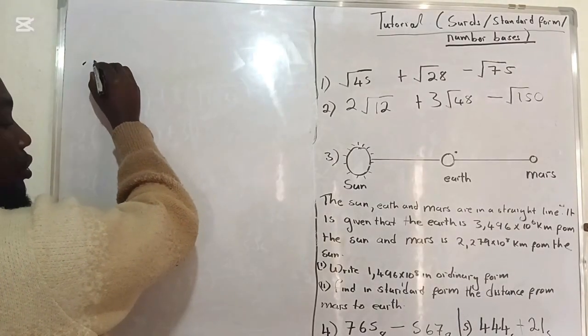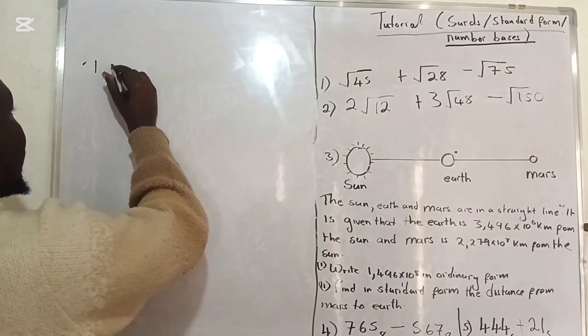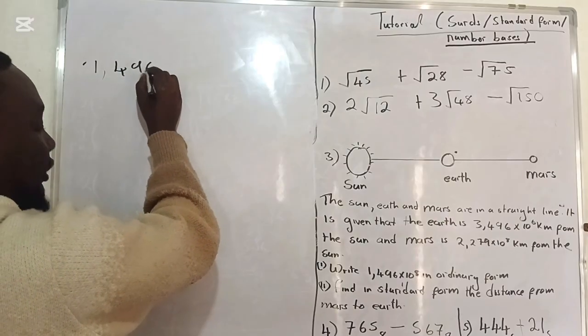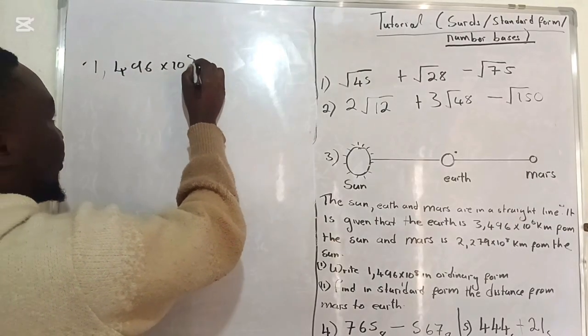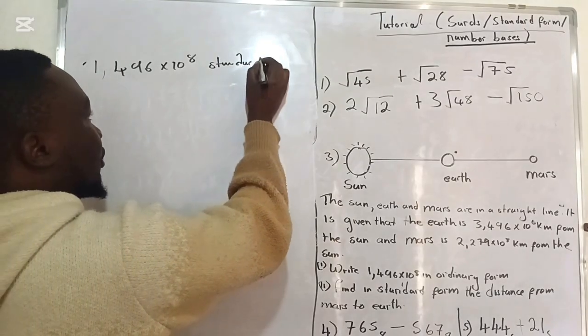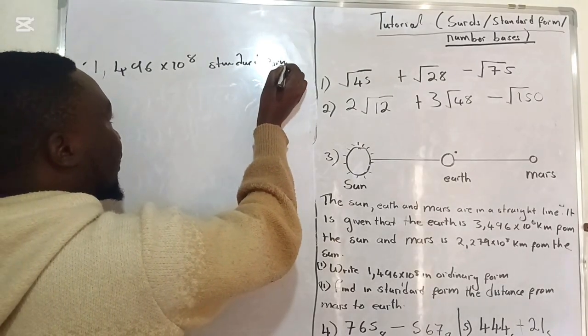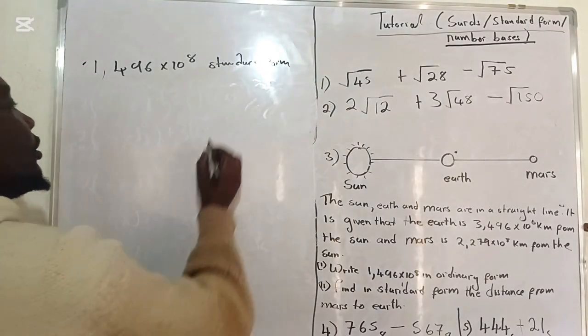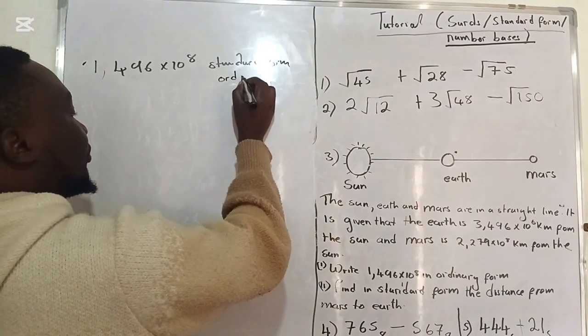So 1.496 times 10 to the power 8. This is in standard form. You need to write it in ordinary form.